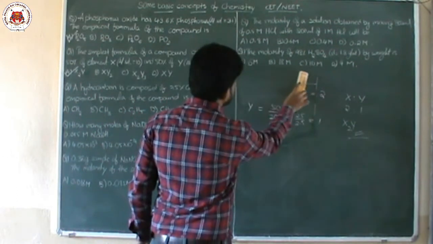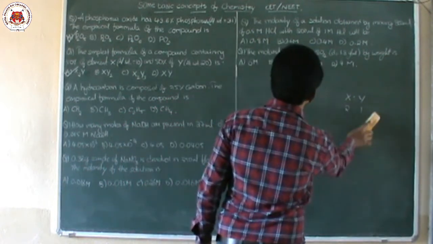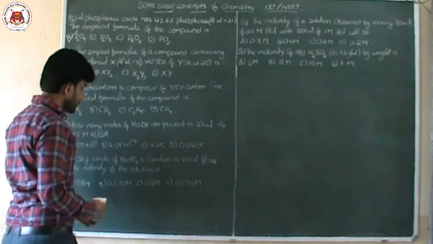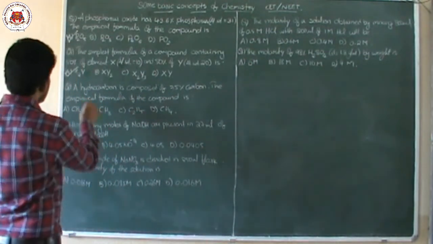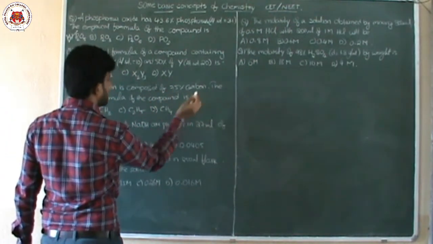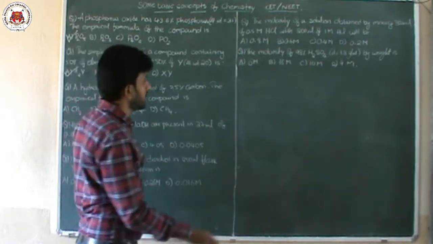Next question. A hydrocarbon is composed of 75% carbon. The empirical formula of the compound is?